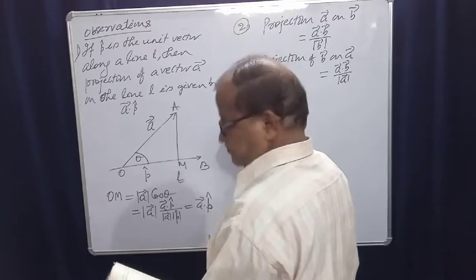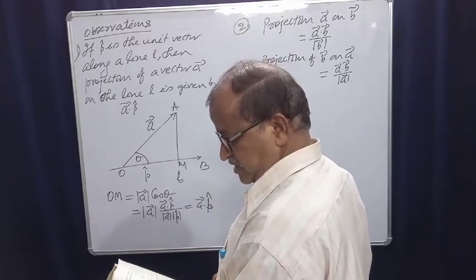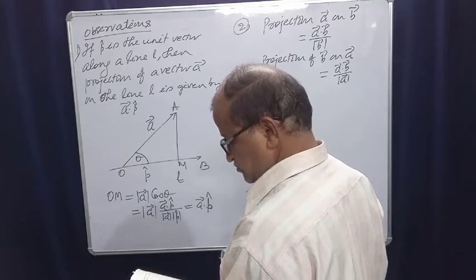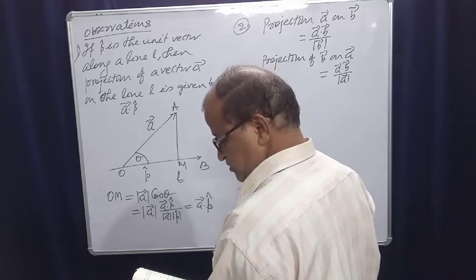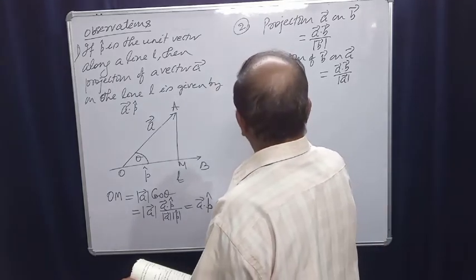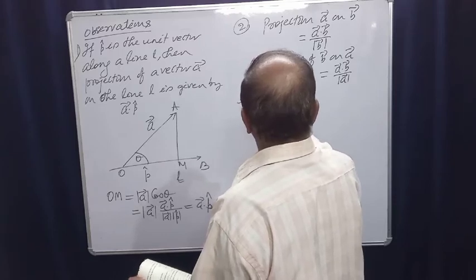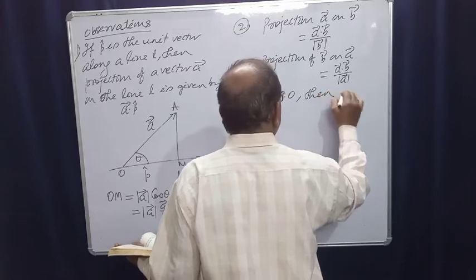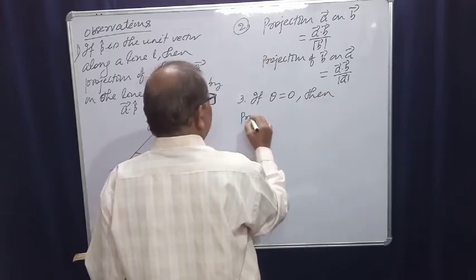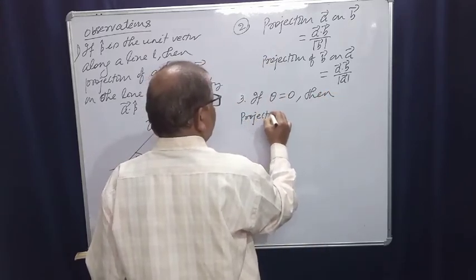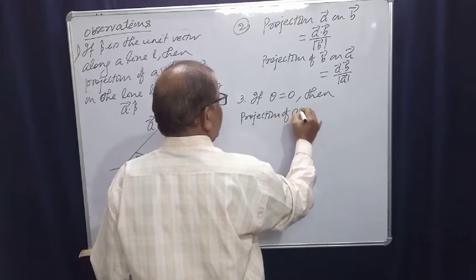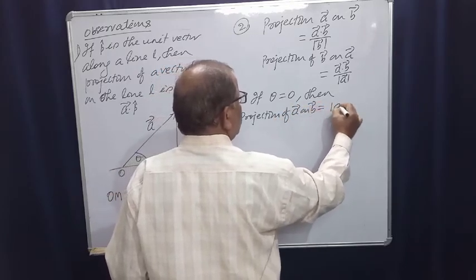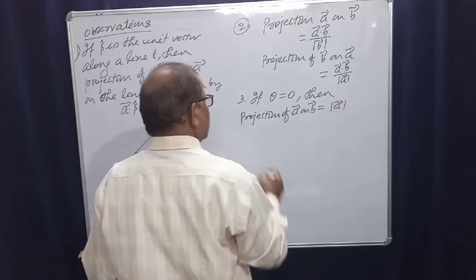Number 3. If theta is equal to 0, then the projection of A on B is equal to magnitude of A only.